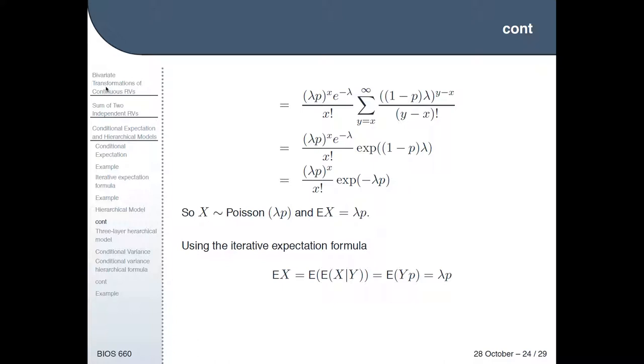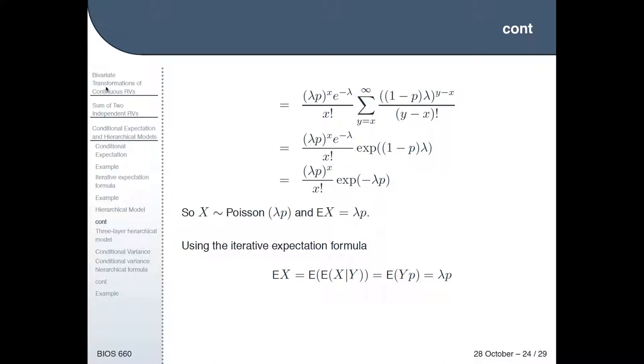Another way that you can do this is to use the iterative expectation formula. If all you care about is the expected value of x and you don't care about the distribution of x, then you don't have to go through all that summation and hope that you remember how to see the Taylor series and so forth.